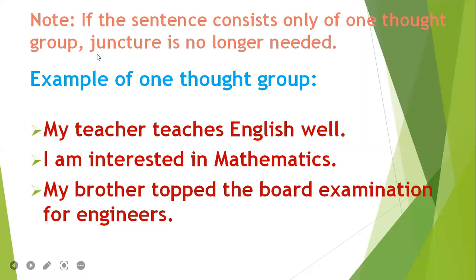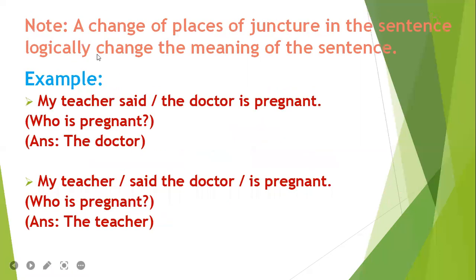So for this one, a change of places of juncture in the sentence logically changes the meaning of the sentence. Again, if the juncture is changed in place, the meaning will change.